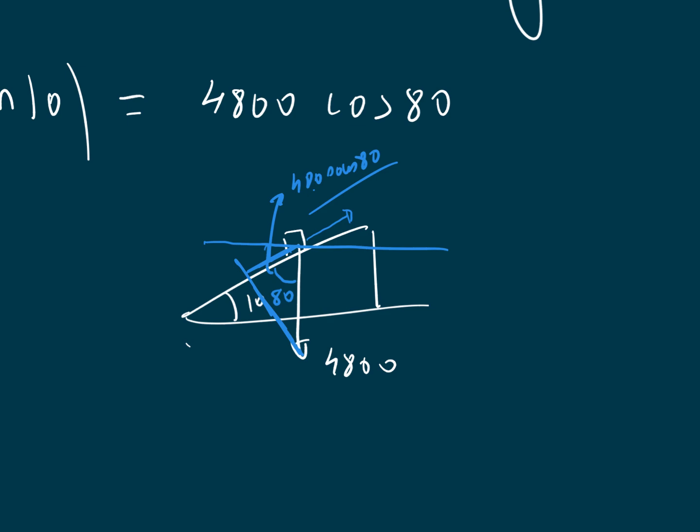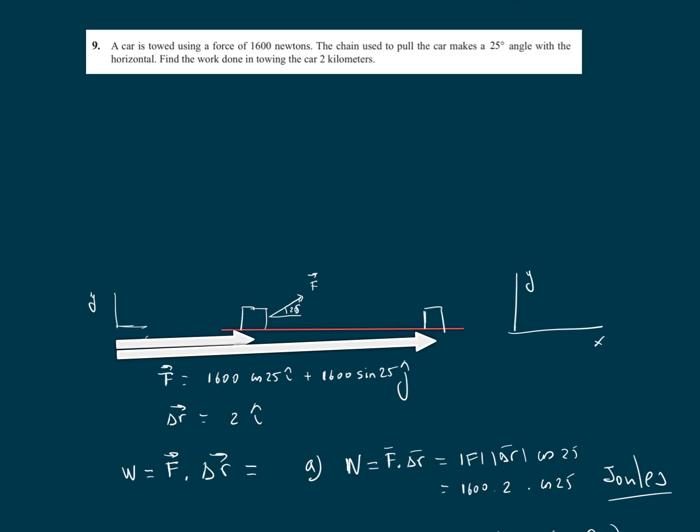So this is the problem. Okay, in this next problem they say that we have a car and the car is pulled with a force that makes 25 degrees with the horizontal.